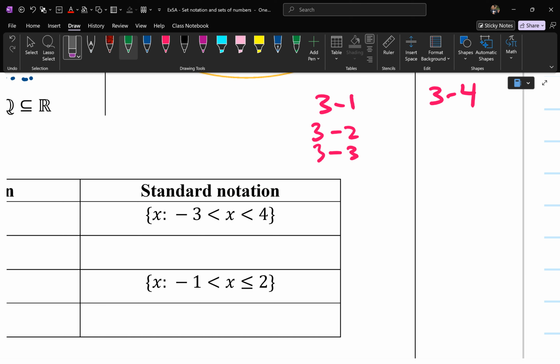But -3 to 4 on a number line represents -3 to 4, and it says x is bigger than -3, but not including, and it is less than 4 and not including. So it must be somewhere there. So x is any number that's between these 2 points, but not -3 and not 4. That's what that represents. Okay?